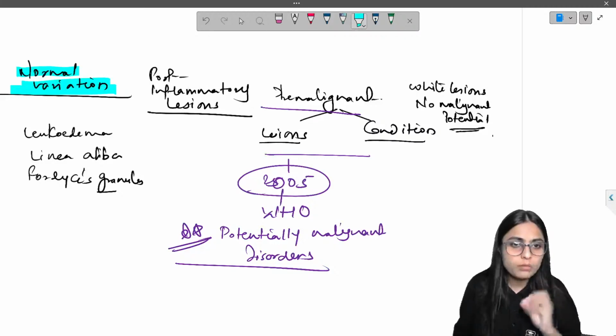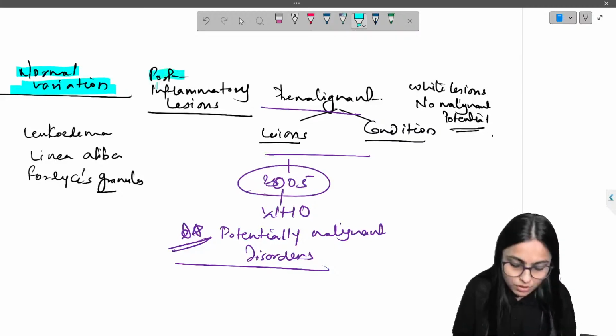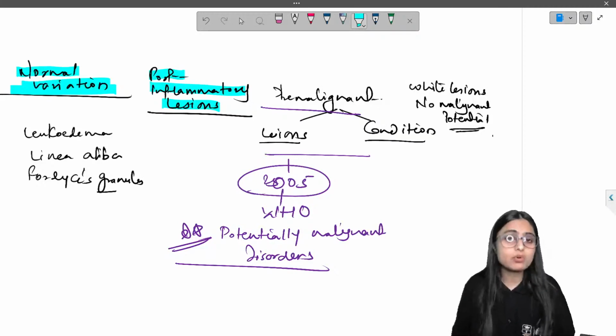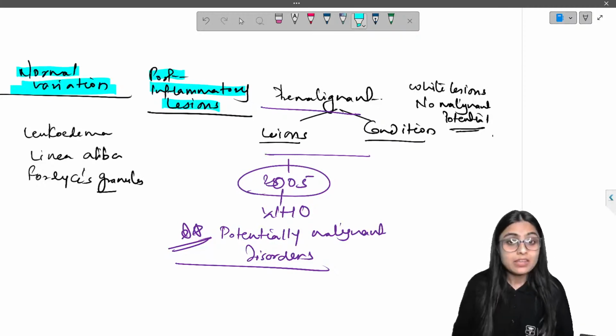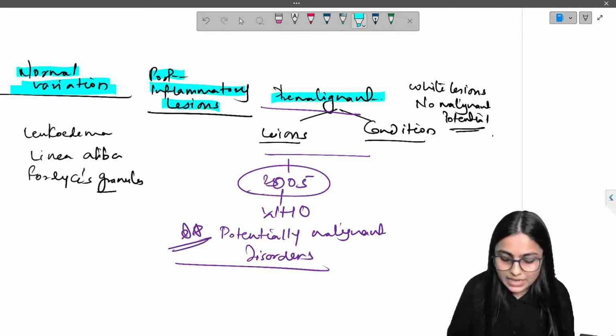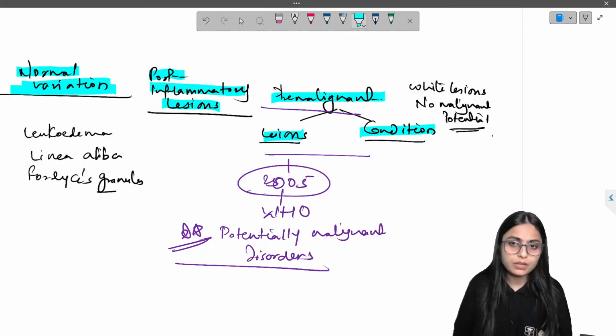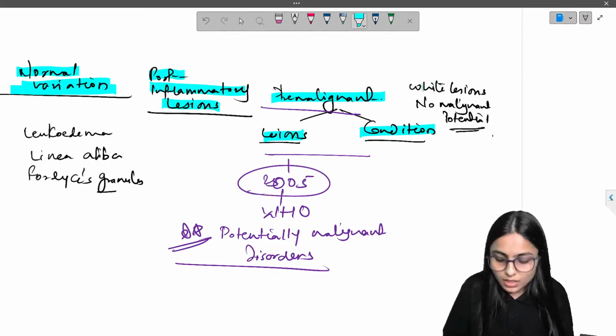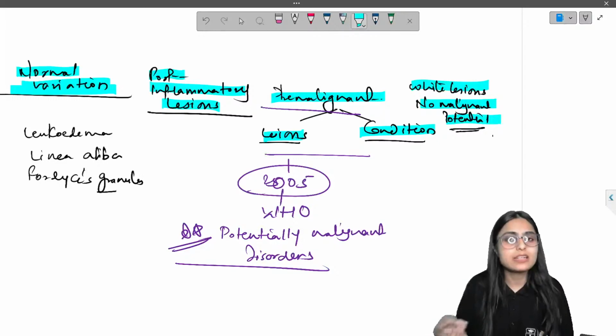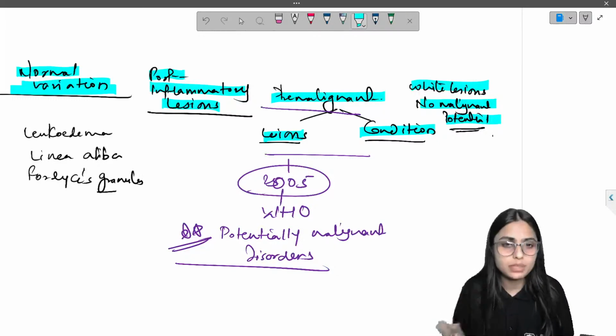Then we are going to see post-inflammatory lesions. Then pre-malignant lesions and conditions. And lastly, white lesions with no increased malignant potential.